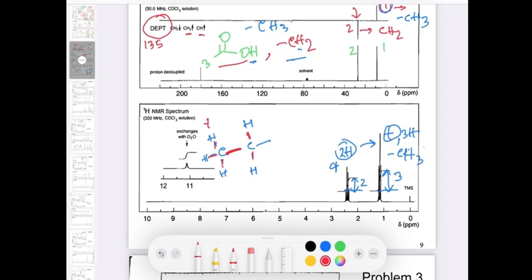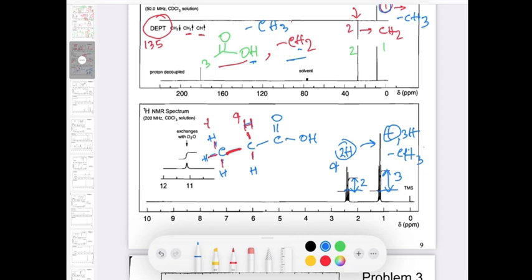And that CH2 peak also has three neighbors, so it will give you a quartet. In the structure we have only 3 carbons, and we already know we have one carbon with a carbonyl group that also has a hydroxyl group. So now you are seeing the triplet, quartet, and the carboxylic group.